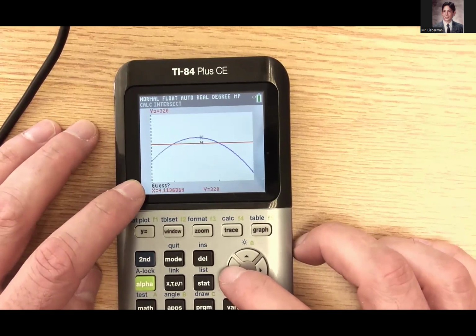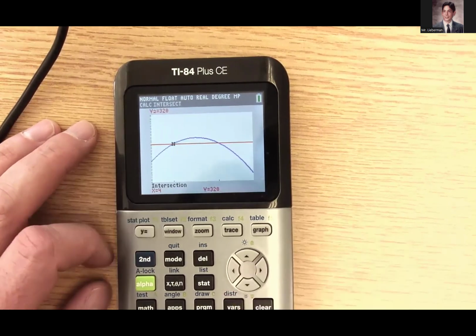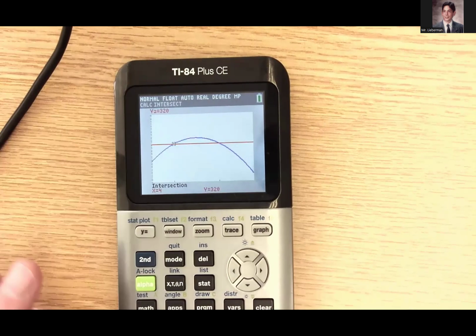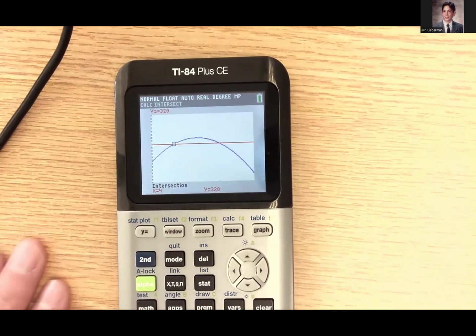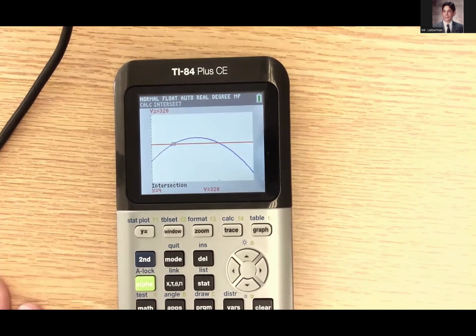We should all get the same thing. So first time is at 4 seconds. And that 320 represents when it reaches that 320 feet high.